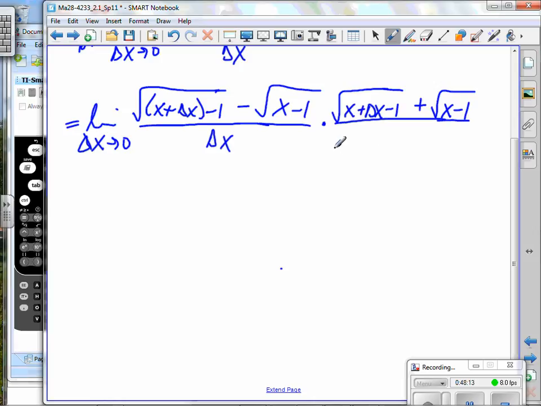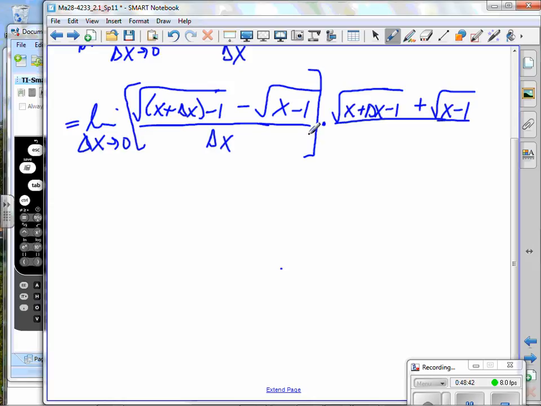divided by, now the problem is the original is over here. This is my original problem here. I've got to keep true to the original problem. The only thing I can multiply with any other value and stay true to the original value is what number? 1.